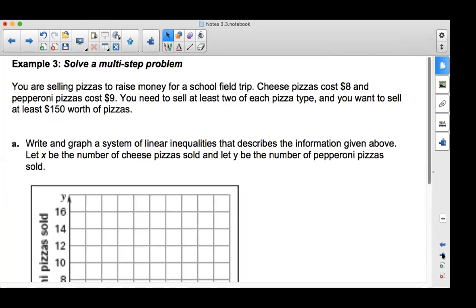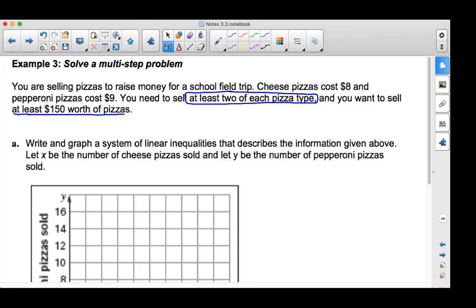So the last question, we're just going to set this up. You're selling pizzas to raise money for a field trip. Cheese pizzas cost $8. Pepperoni pizzas cost $9. You need to sell at least 2 of each pizza type, and you want to sell at least $150 worth of pizzas.